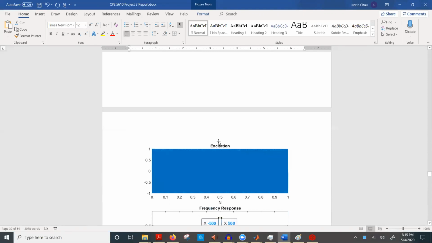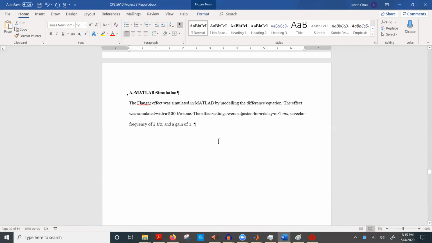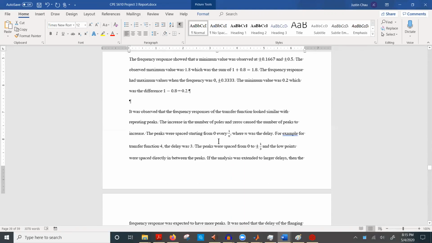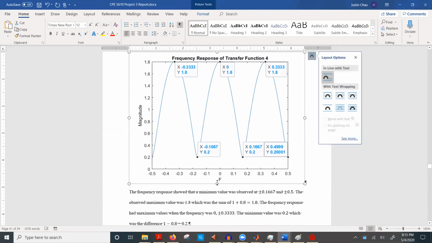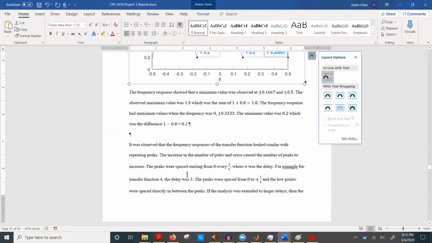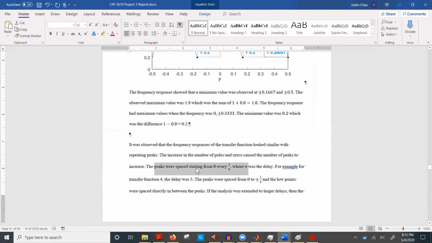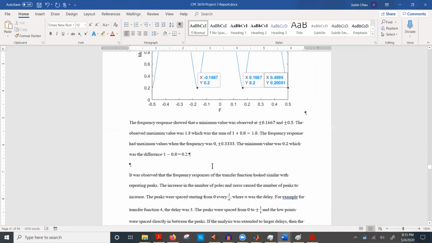And basically, if the delay keeps increasing, the number of teeth in the comb filter will increase. Peaks are spaced starting with every nth delay.